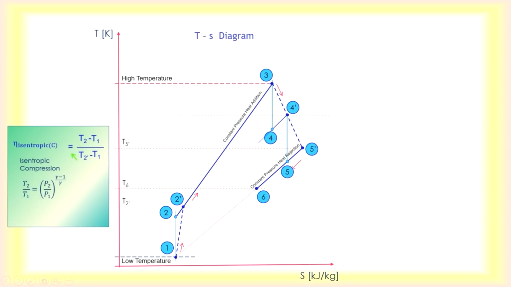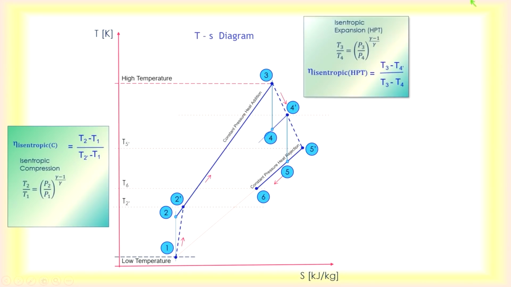So remember the isentropic efficiency for the compressor, and then you can use the isentropic relationship to find the temperature T2 by applying this. You cannot apply this for 1 to 2 prime. Please do not. Then for the turbine, the isentropic process is 3 to 4, not 3 to 4 prime.